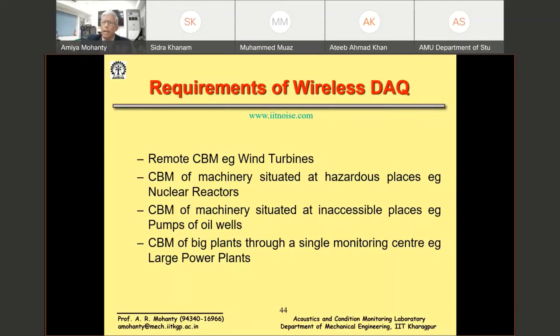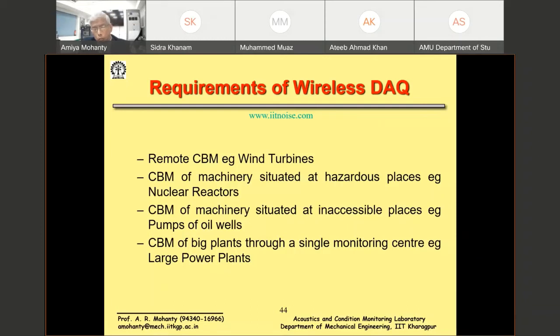We cannot be having cables drawn from everywhere. And today there are transducers with wireless transmitters, just sitting on the bearing of a motor or a pump and transmitting to the cloud. We can capture them, and then cloud computing is being done, and you can be downloading it anywhere and know the condition of the machine.